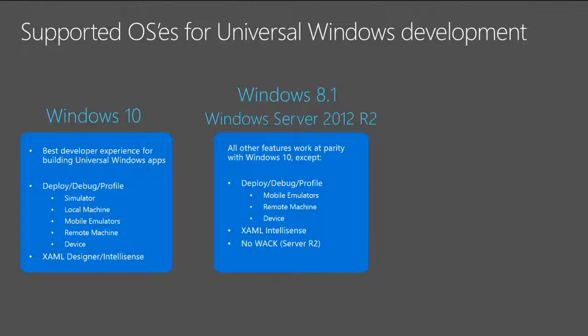The reason for that is we cannot deploy a Windows 10 application on a Windows 8.1 machine because the APIs are just not there. So when you debug, deploy, or profile, you will only have support for mobile emulators, remote machines, and device.